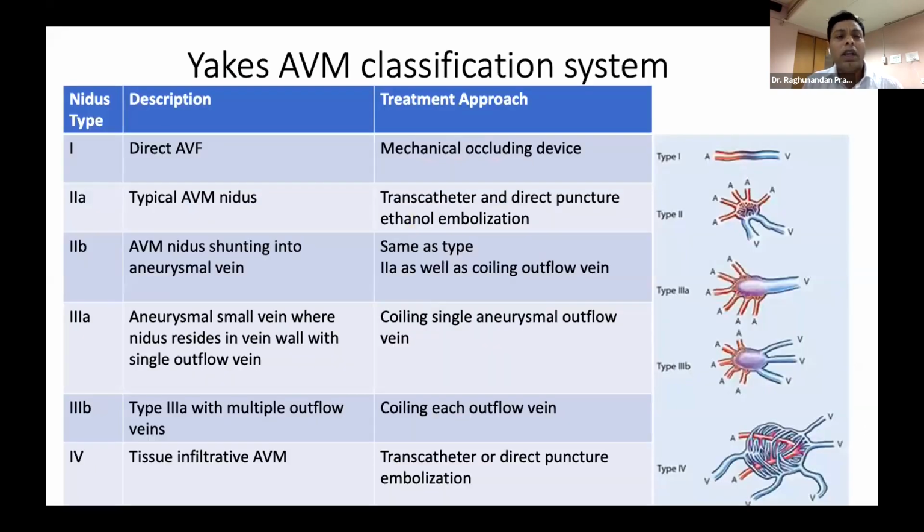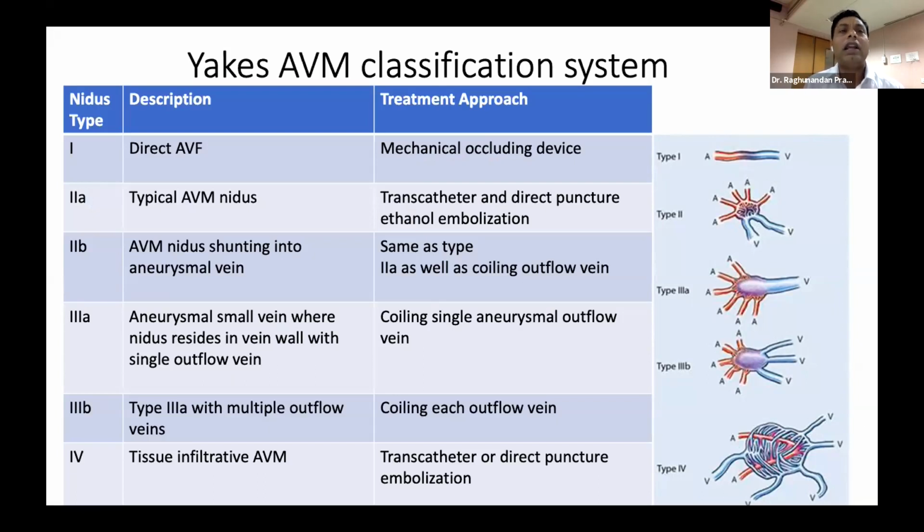In 2015, another classification came into the picture, which is a more organized classification based on the angioarchitecture of the AVM. Here they divided the high flow lesions into 4 categories.